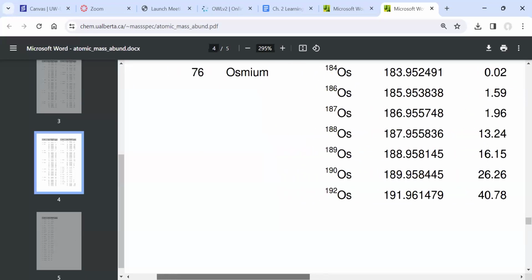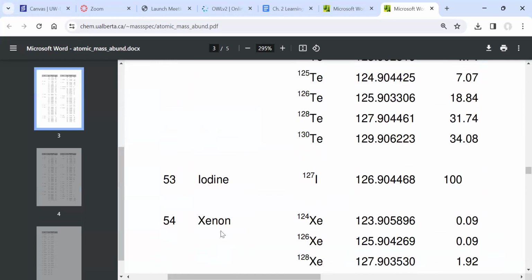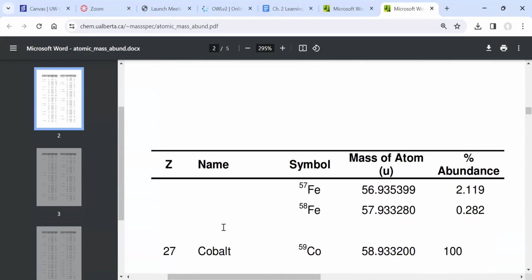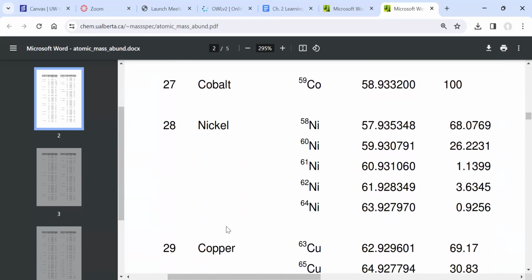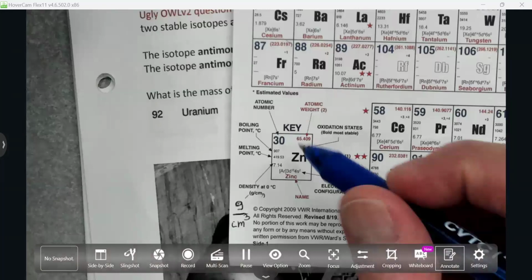So the question is, on our periodic table, we have the atomic weights. So look on your periodic table for a key, and on the periodic table, our atomic weights, look in the bottom left, atomic weight in red. So down on the left key, here's our atomic weights in red.